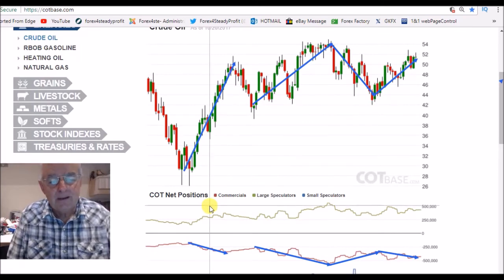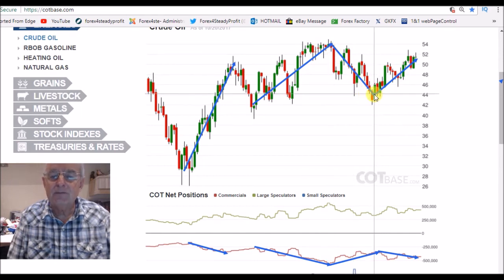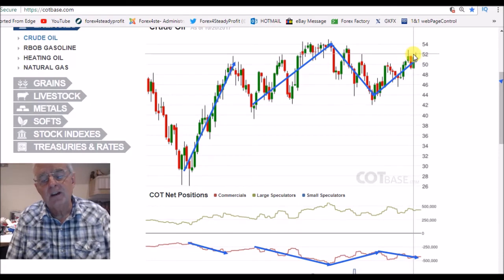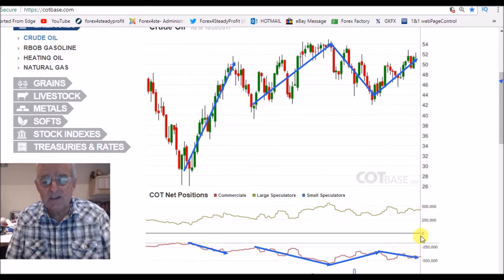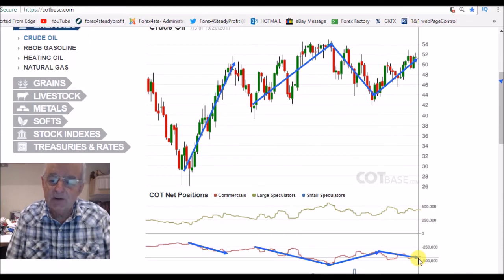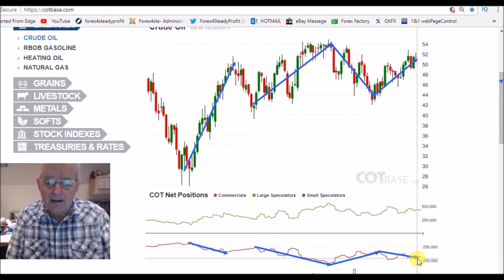Crude oil. As we see, we've had this recent high up here, and we've come down, and now we've gone back up, and we've made another high, which looks like it's getting a little bit exhausted. We have got an opposite position between the commercials and the speculators on the commitment of traders.